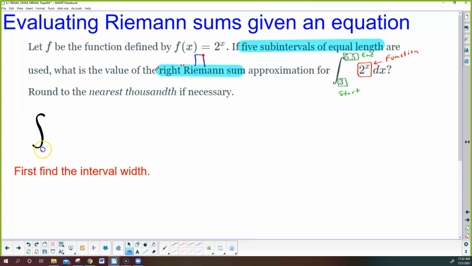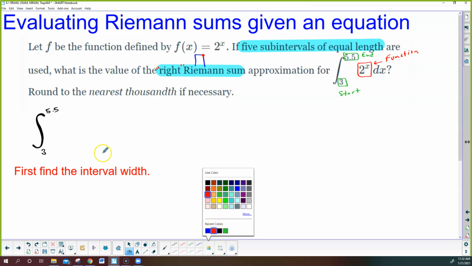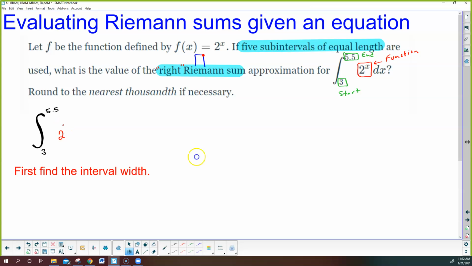And let's put the start point and the end point, and let's write the function. And then dx.